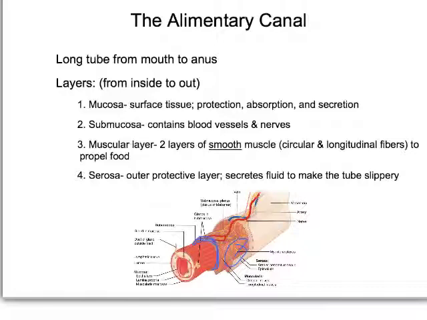That way it can squeeze and propel the food and push it along the big tube. And then on the very outside we have what's called the serosa, the very outer layer. Again, this is an outer protective layer and does secrete some fluid to make the tube slippery on the inside.